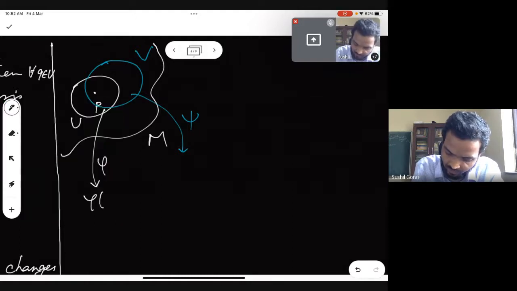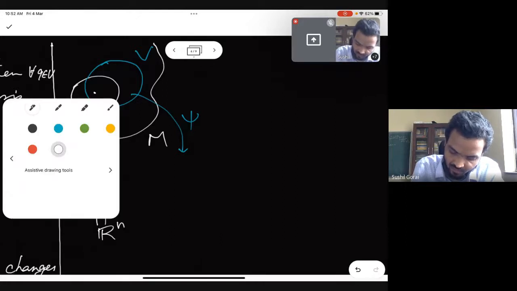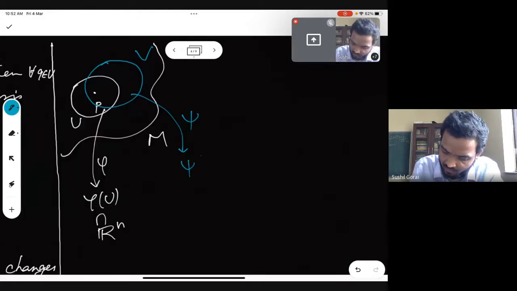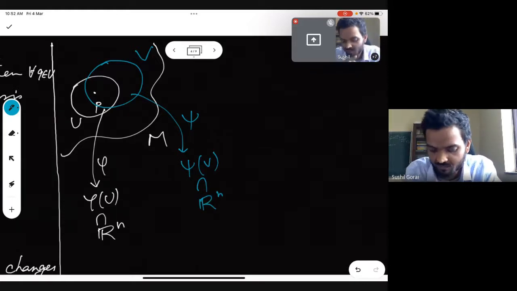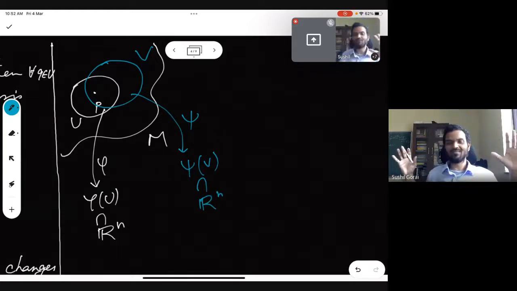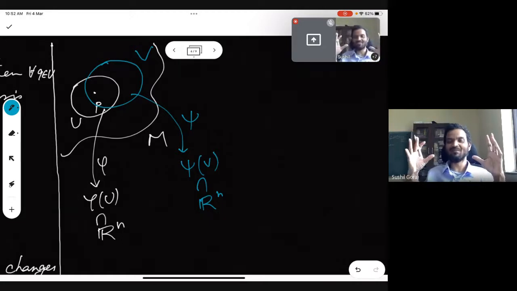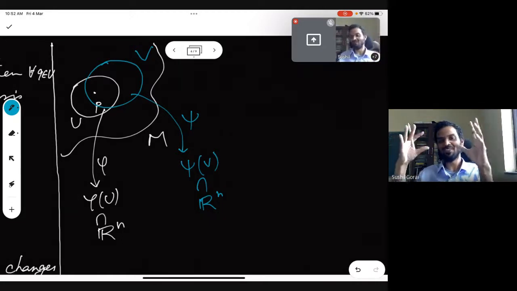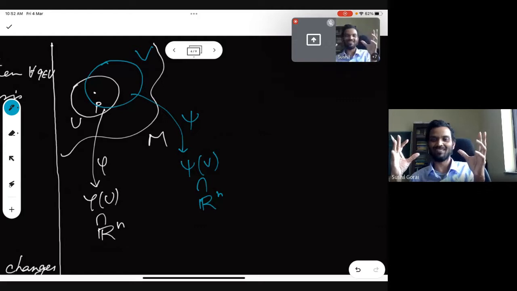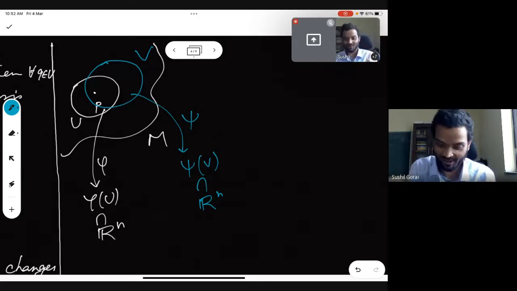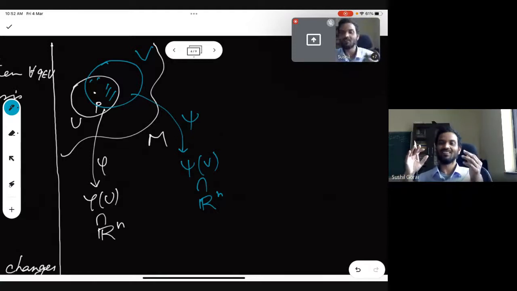Here it is phi of U in R^n, and it is psi of V, which is also in R^n. Now you have two coordinate systems, two bases of the tangent space at every point, in particular the point P.